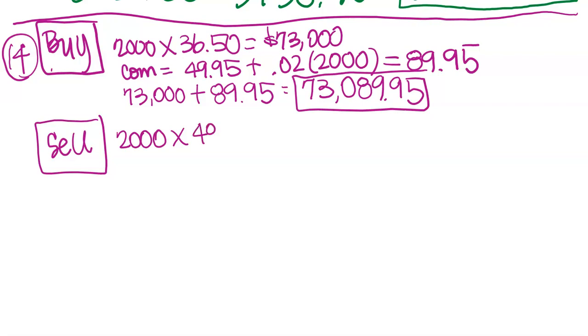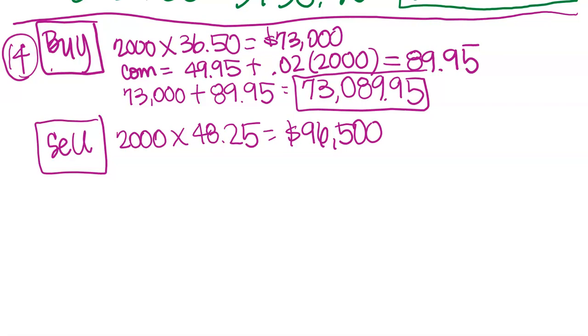So $48.25. $96,500. Now, do we have to recalculate the commission? We don't, because this time it doesn't say that when you buy it, you have to pay this. When you sell it, you have to pay that. It's the same because it says each transaction. You just have to make sure that you add it in when you buy it and you take it out when you sell it.